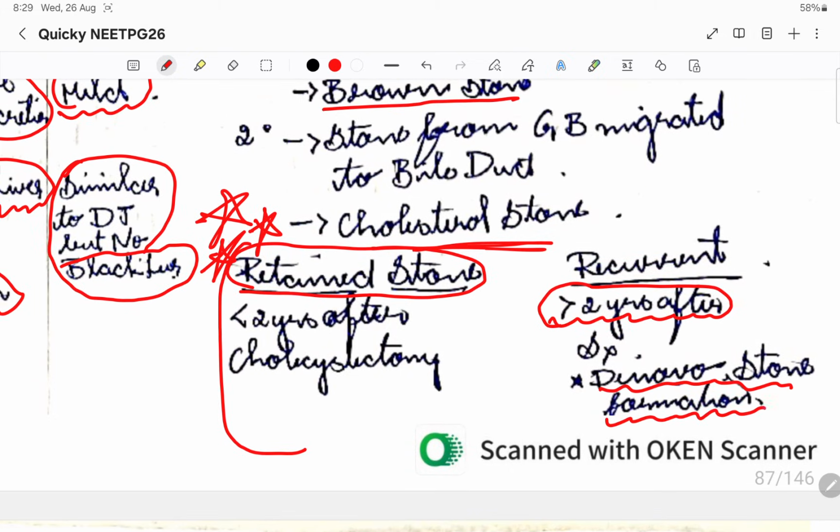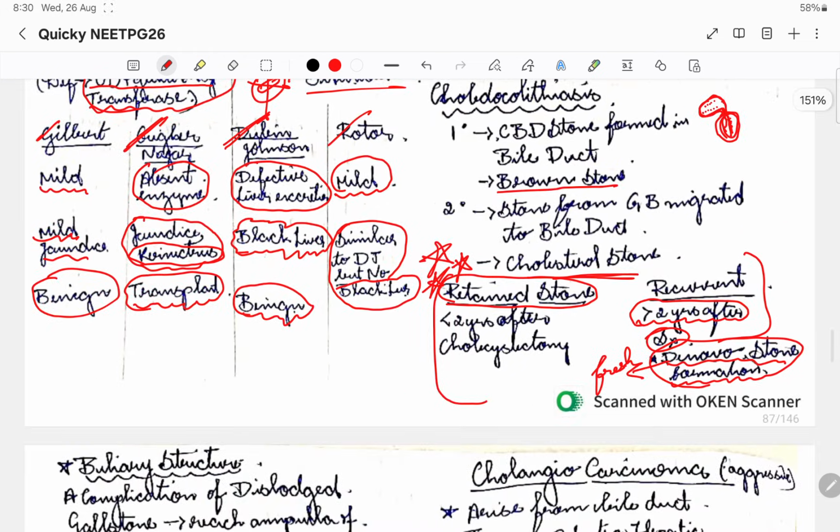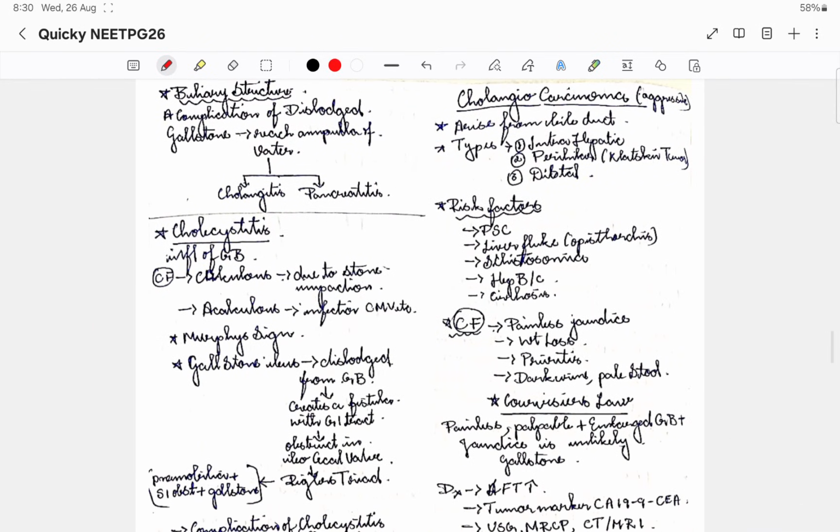Okay, so we will do surgery. Surgical removal is what we do. See, this is basically recurrent, meaning this is a de novo stone formation. De novo meaning freshly formed stones with respect to recurrent stone. Okay, so that is all and everything you need to know with respect to stones of the gallbladder.